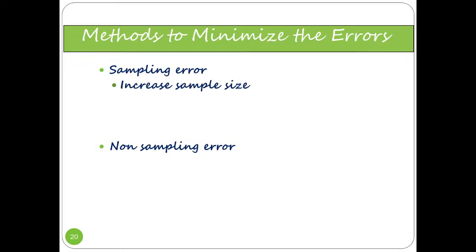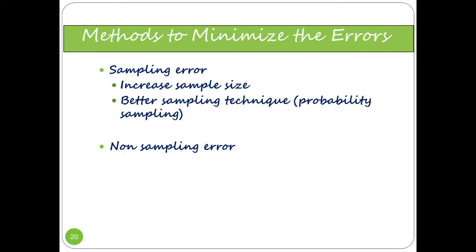These are the methods to minimize error. A very simple method is to increase the sample size, and use a better sampling technique. Probability sampling is always considered a better sampling technique, but it is not always feasible.